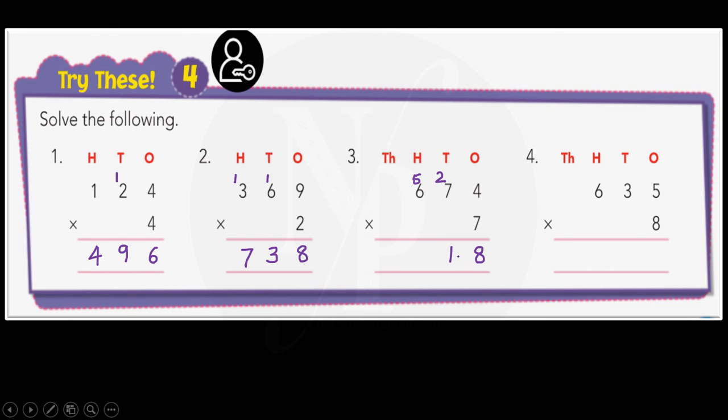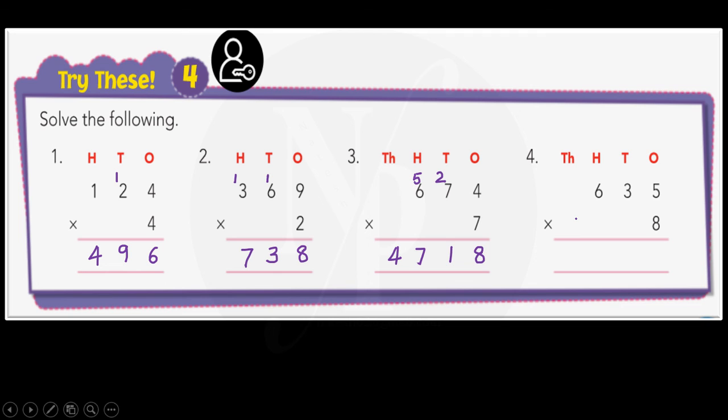And now on multiplying 6 hundreds by 7, we get 7 sixes are 42. 42 plus 5 is 47. So 47 hundreds are regrouped as 4 thousands and 7 hundreds.